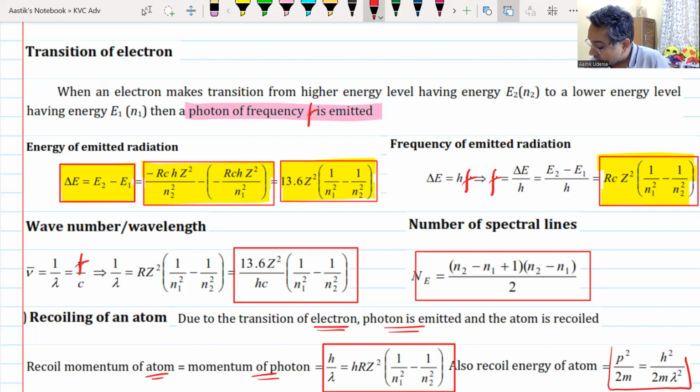The recoil energy of the atom will be p square by 2m, where m is the mass of the atom. Note down these formulae very, very carefully. Try to read them and then write them, because all these formulas are potential questions that are going to come. I'll give you 2 minutes to give me the answer.